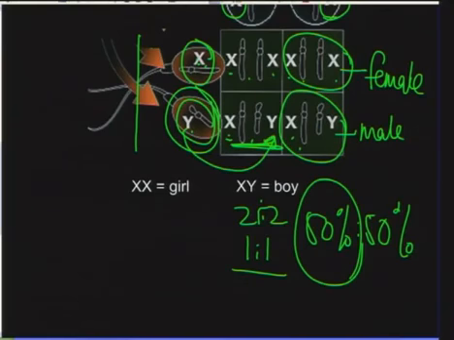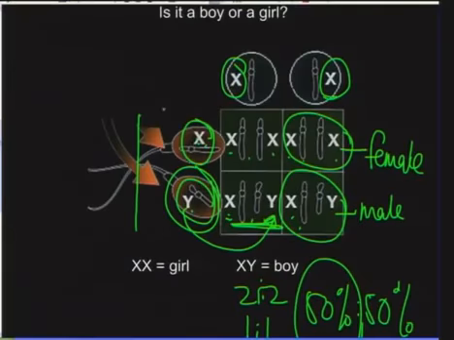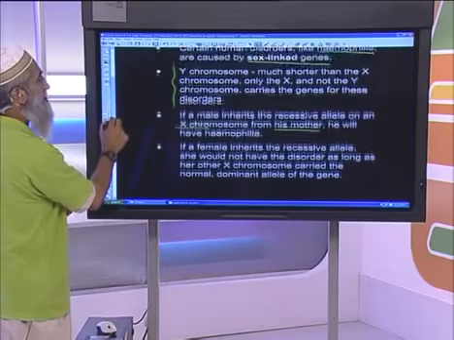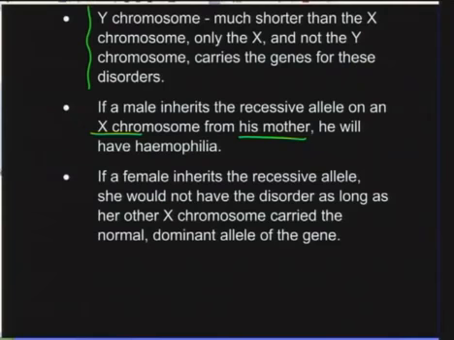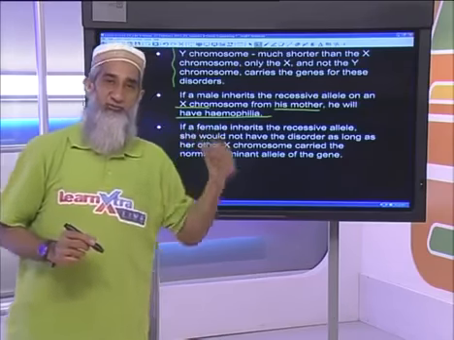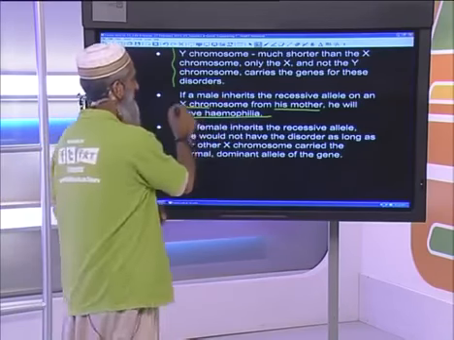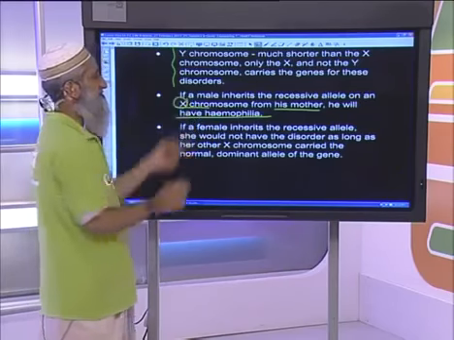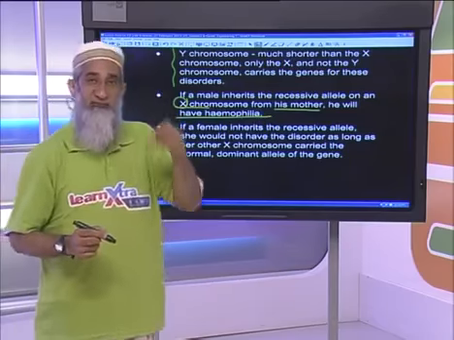This X he got from the mother. That's what you've got to keep in your mind as we talk. So, if a male inherits the recessive allele on an X chromosome from his mother, he will have hemophilia. If his mother had hemophilia, or if she was a carrier even, and she transferred this X chromosome to him, then he would have hemophilia.